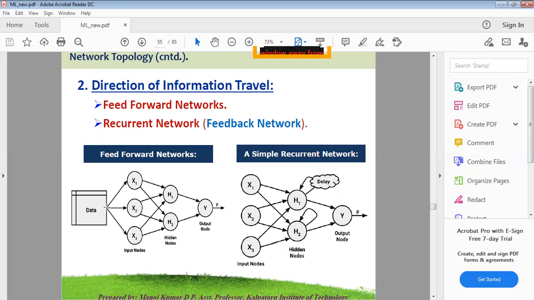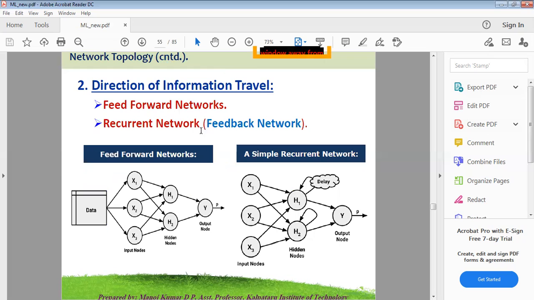So see here, first you start from the data, three have gone forward. Next, from x1 to h1, x2 to h1 and h2, x3 to h1 and h2. So all are moving in the forward direction only. Is anything coming in reverse from h1 to x2 or h1 to x1? No. That type of travel is called a feed forward network.